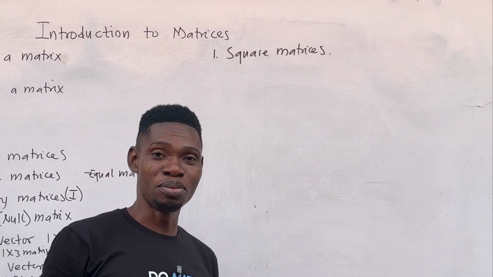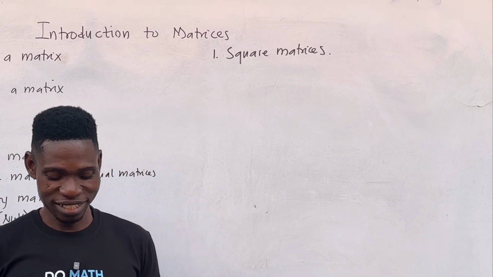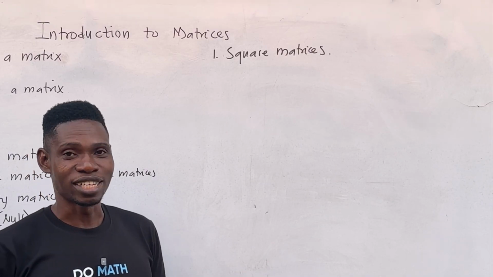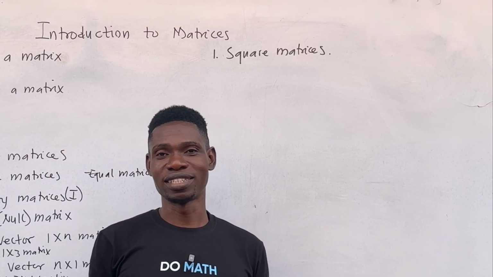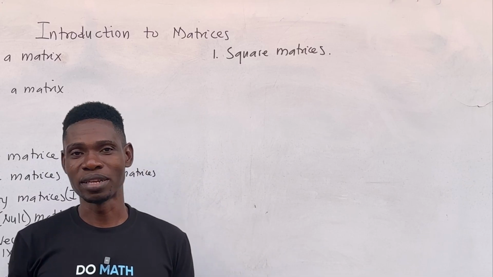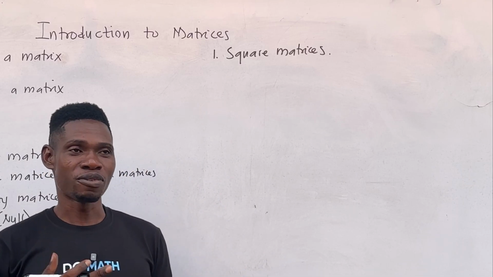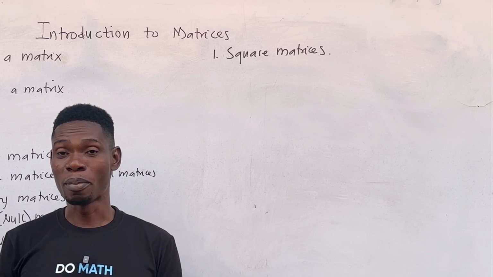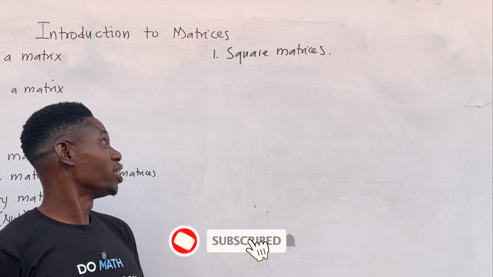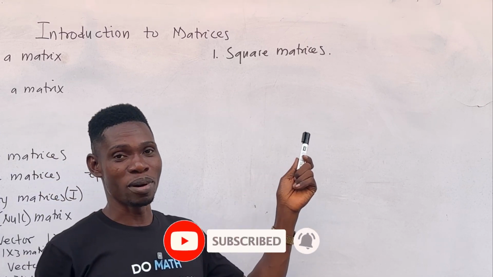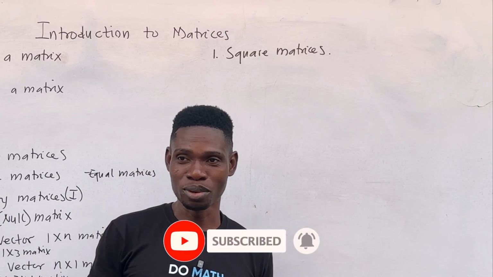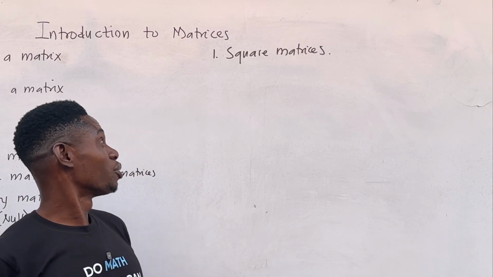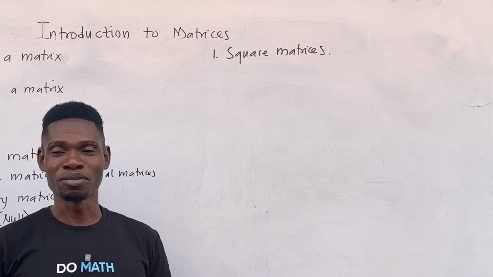These are the VIPs of matrices, because there are certain things that only square matrices can do. For example, you cannot find the determinant of a matrix that is not square. Only square matrices have determinants.